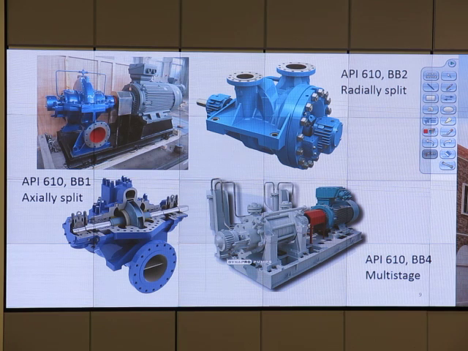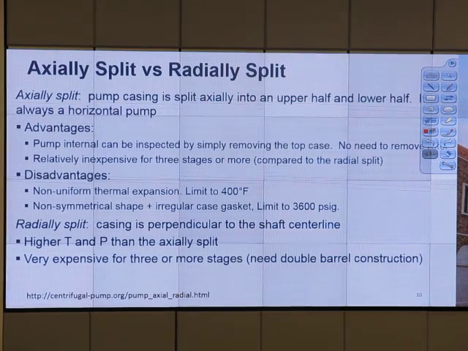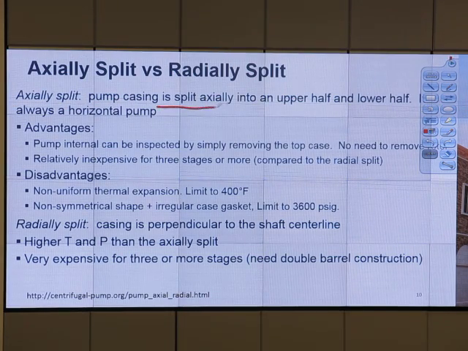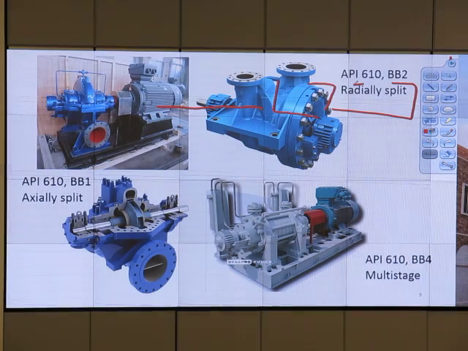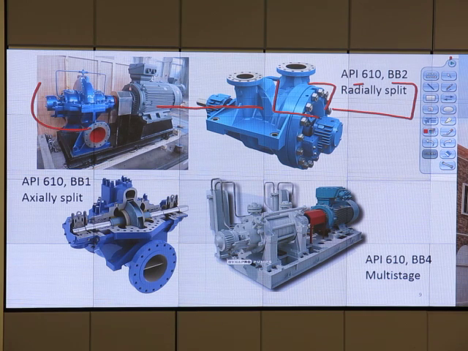I will try to go over everything about the pump next time and then finish. For axially split, the pump casing is split axially into an upper half and a lower half. Okay, this is a centrifugal pump. Look at the split. This part, you see this part, right? If you remove the bolts over there, you have an upper half and a lower half.